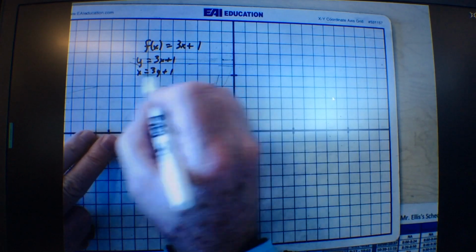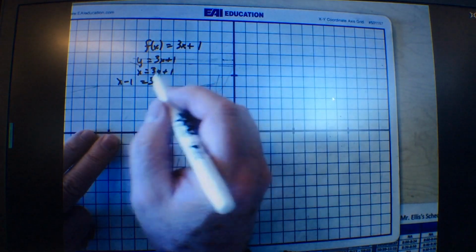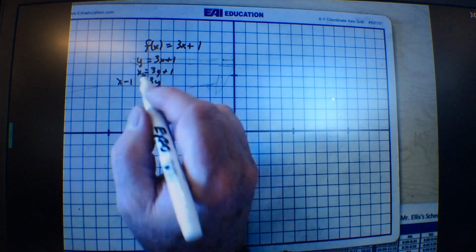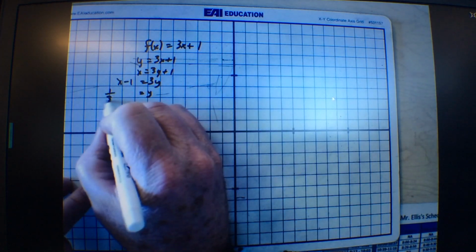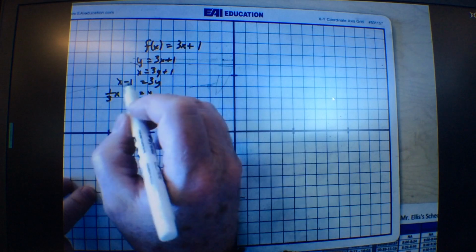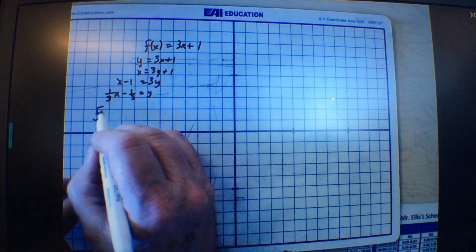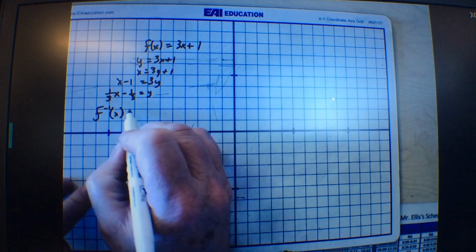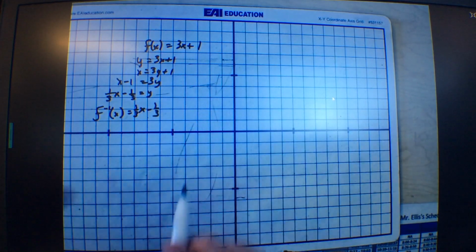So subtract 1 from both sides, I get x minus 1 equals 3y. And when I divide by 3, I like to separate it, so I like to write it as 1/3 x minus 1/3. I divide both of them by that. So my inverse is 1/3 x minus 1/3. Do you understand that?